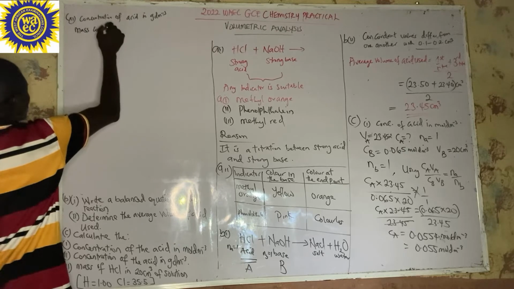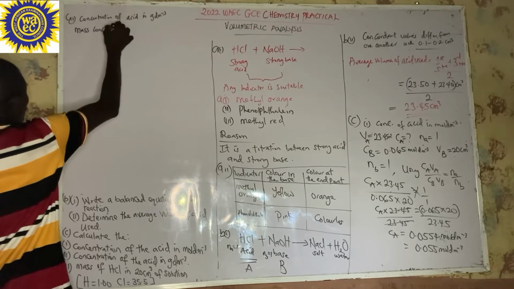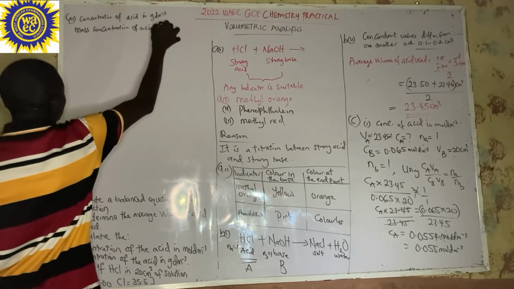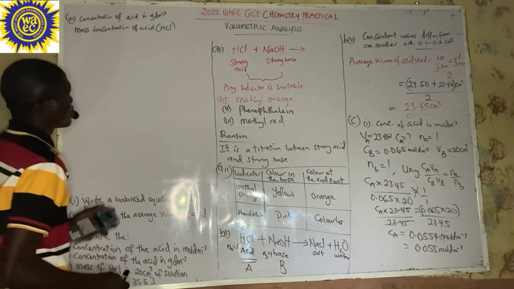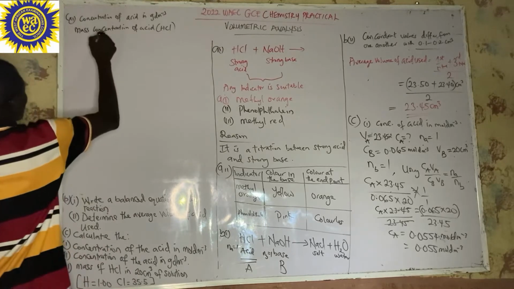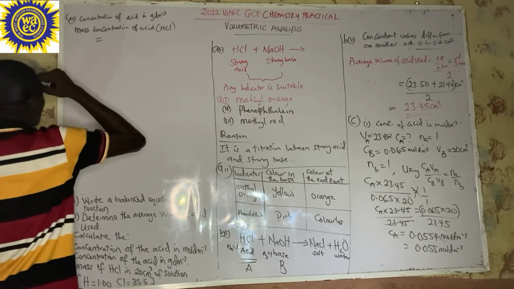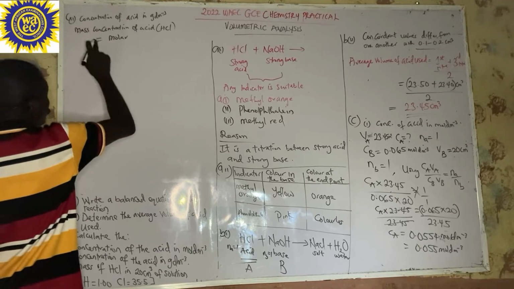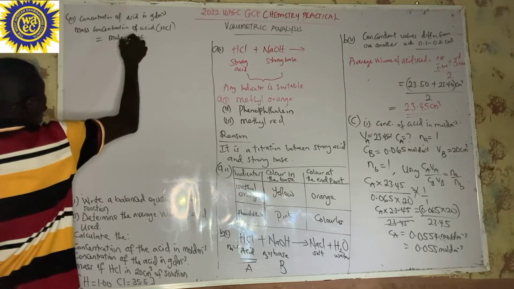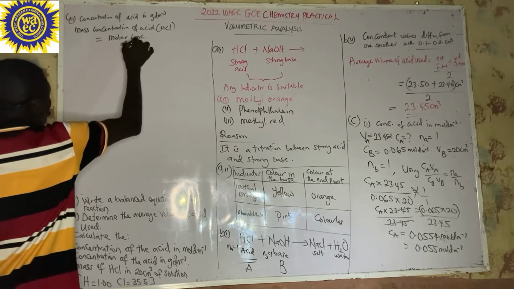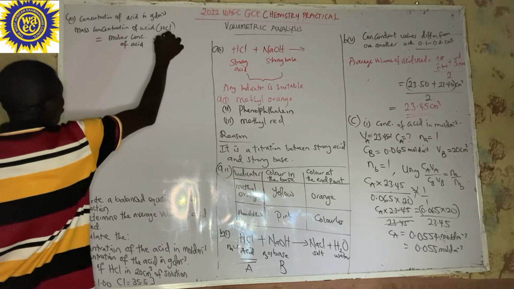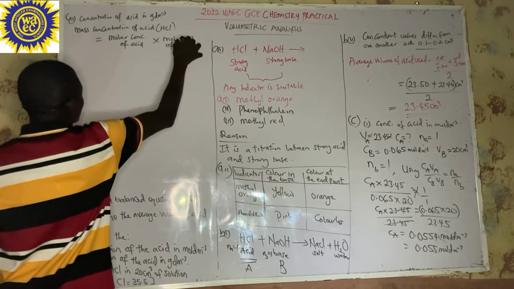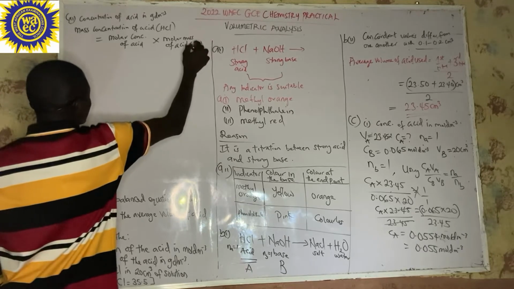Don't forget, this is also considered as the mass concentration of the acid, which is HCl. So you calculate the mass conc of the acid, which is equal to the molar concentration of the acid itself multiplied by the molar mass of the acid, which is HCl. Don't forget that the acid is HCl.